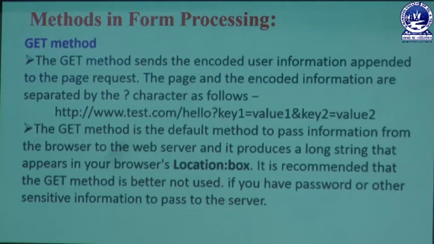It is recommended that the GET method is better not used if you have a password or other sensitive information to pass to the server, because it is not so secure. So the GET method is not good to use at every moment.